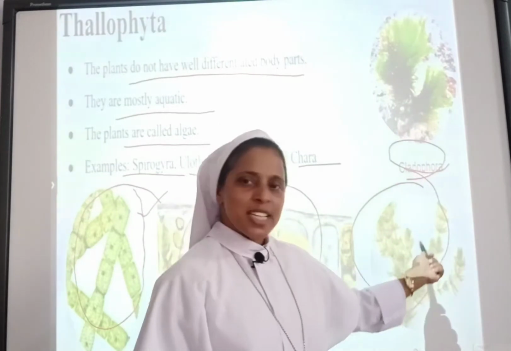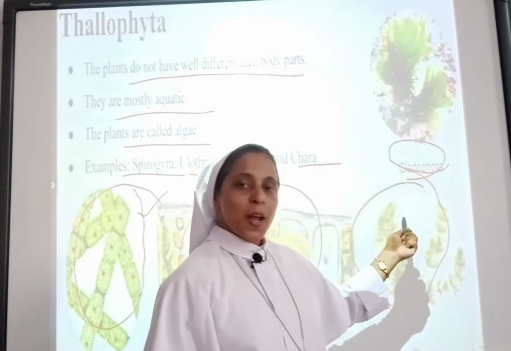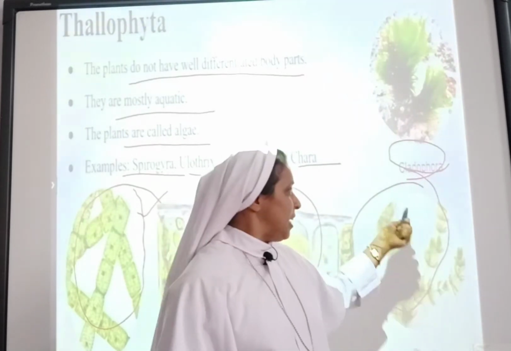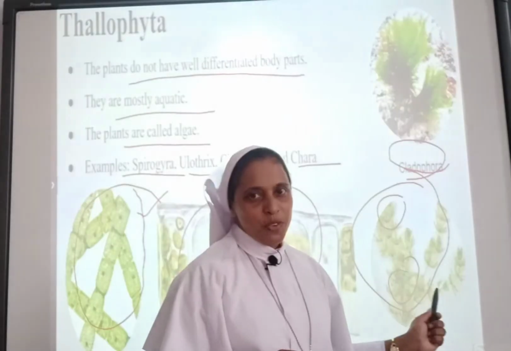And in Chara especially, remember this, dear ones, it is very important. In Chara, the female reproductive part is in the upper portion and the male reproductive part is in the lower portion.